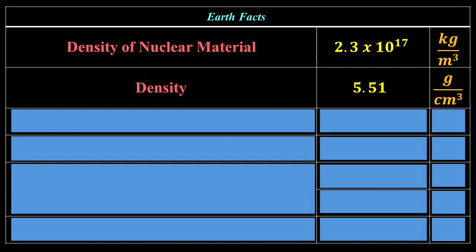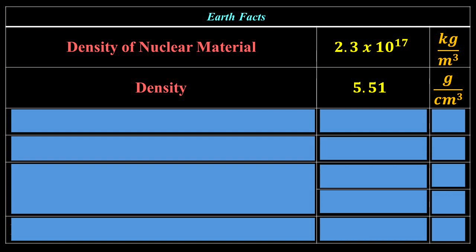The density of the Earth is 5.51 grams per cubic centimeter, which is the same as 5.51 times 10 to the third kilograms per cubic meter.